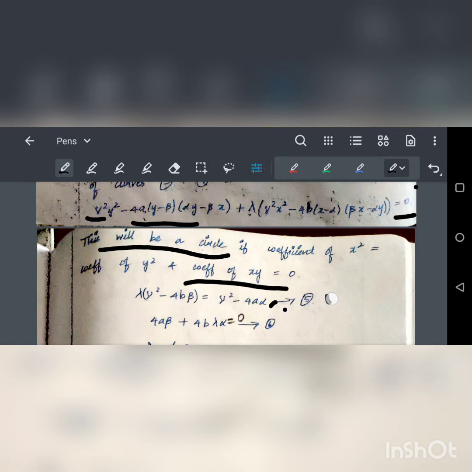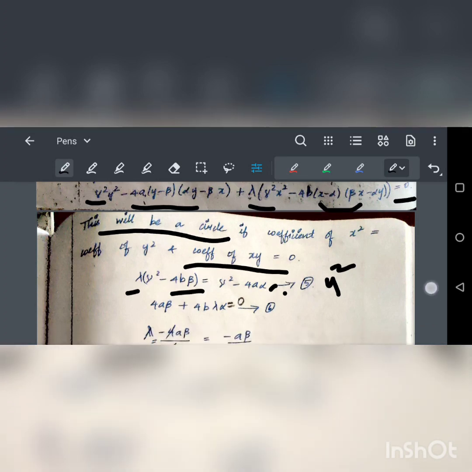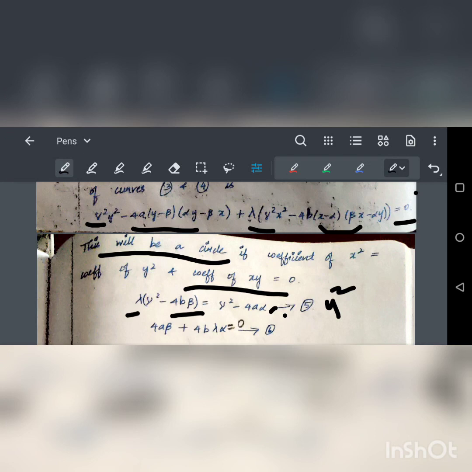On the left-hand side it is the coefficient of x square, and on the right-hand side the coefficient of y square, with the other term minus 4b beta. This is what you have, and the coefficient of xy should not be there.